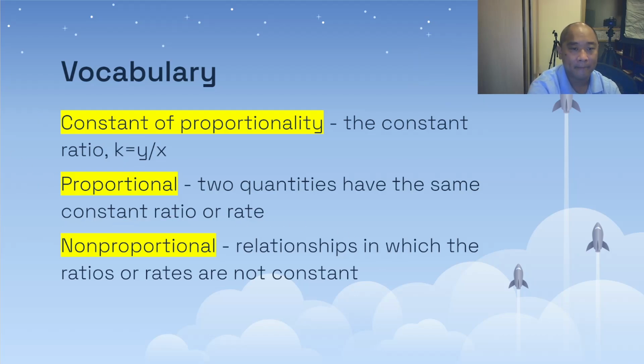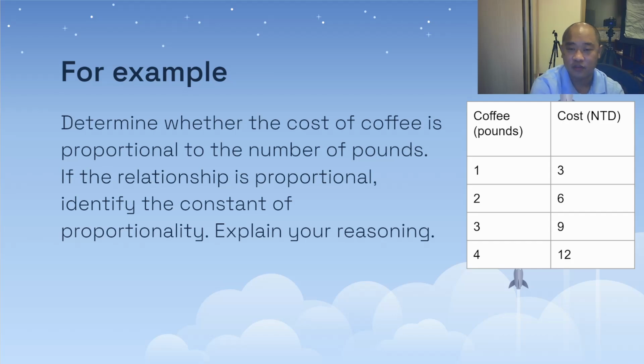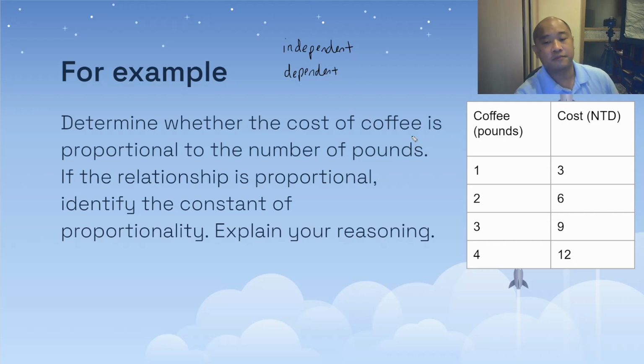Okay. Let's take a look at our first example. Determine whether the cost of coffee is proportional to the number of pounds. If the relationship is proportional, identify the constant of proportionality. Explain your reasoning. So first, we need to talk about the idea of the independent and the dependent variable in these relationships, because that tells you which number goes on top, which one is the numerator, and which one is the denominator.